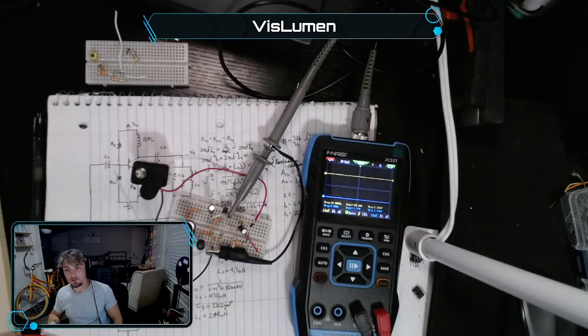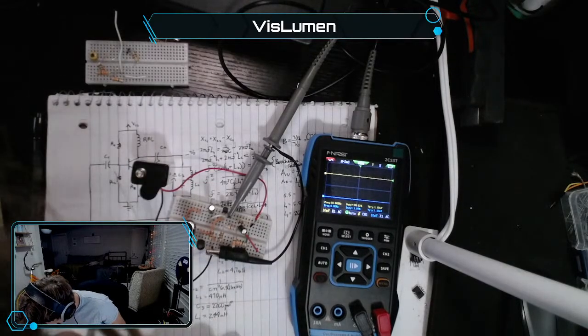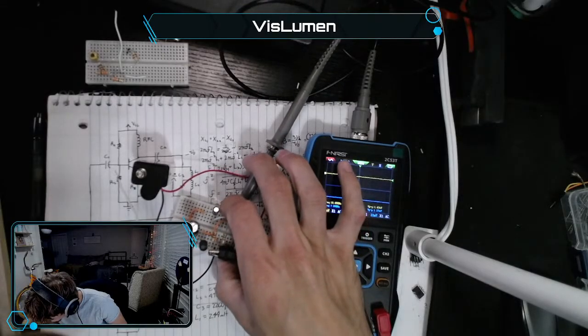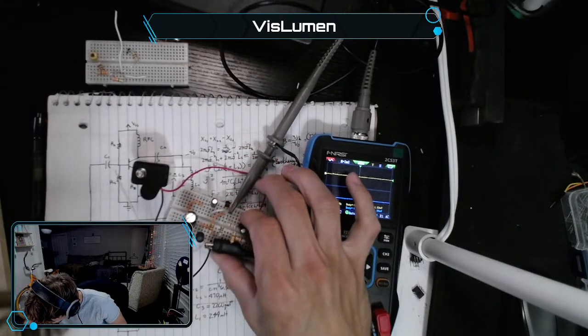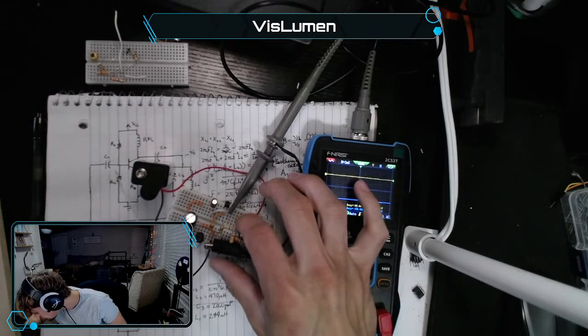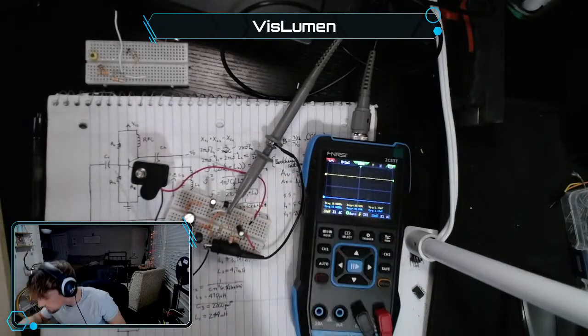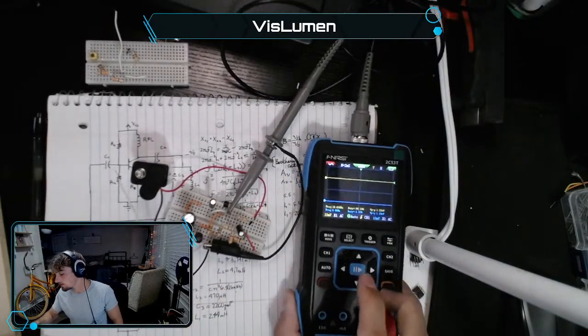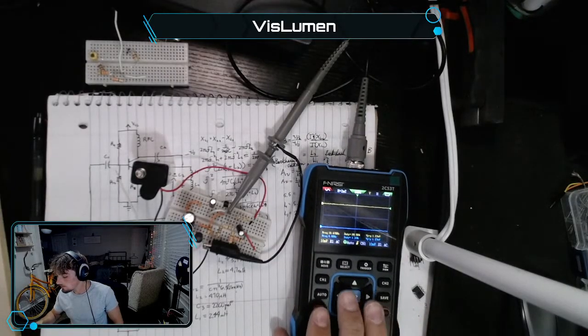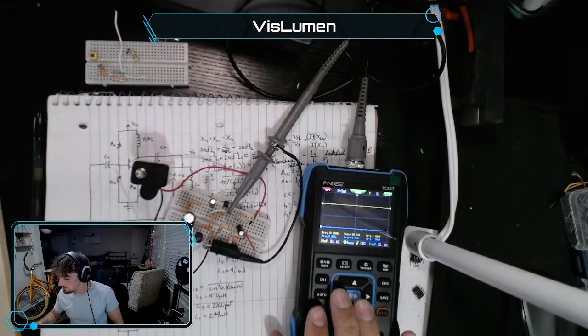Oh, it's still 18 though. Oh shit. Still 18 kilohertz. It's probably not a high enough gain, in all honesty. Man, why is it getting readings? Let's see.